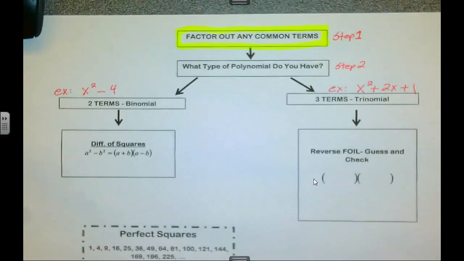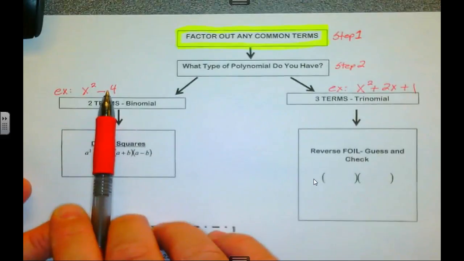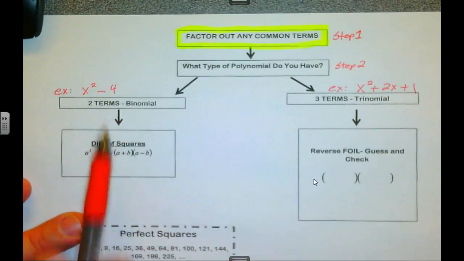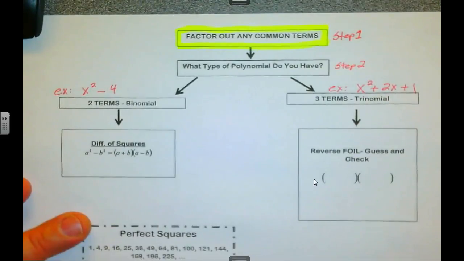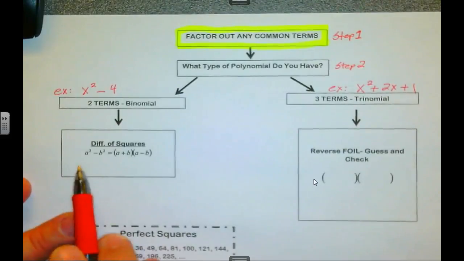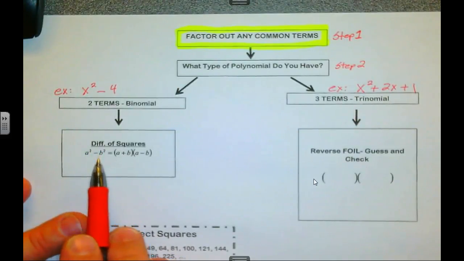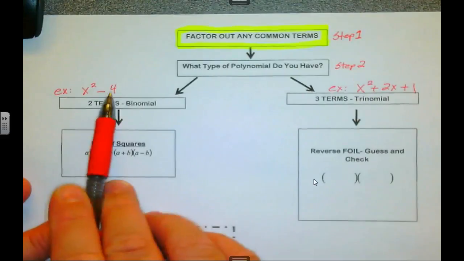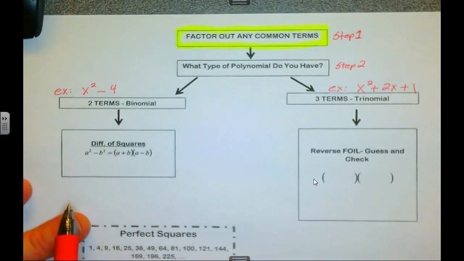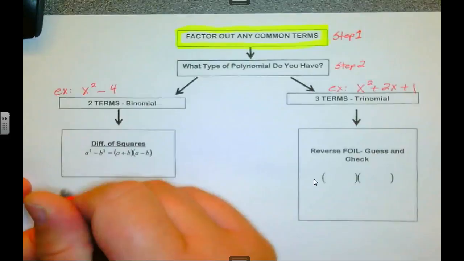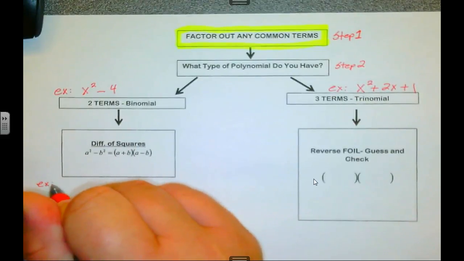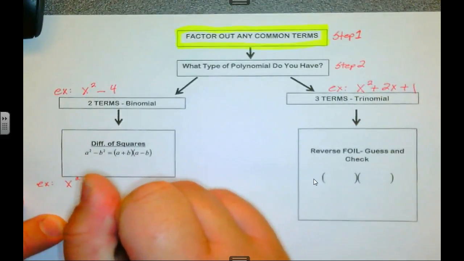Now, if you have a binomial, check to see if it's a difference of squares. My example happens to be a difference of squares. In other words, a squared minus b squared. My example, I have x squared minus 4. Think of that 4 as 2 squared.